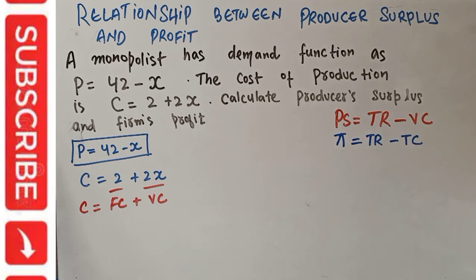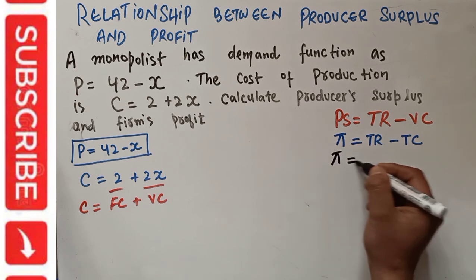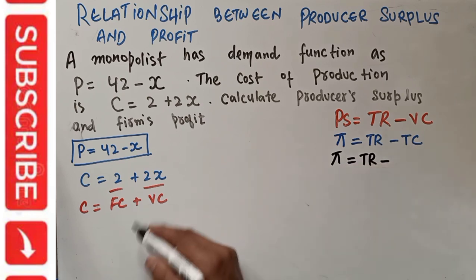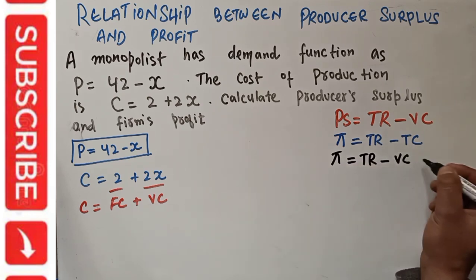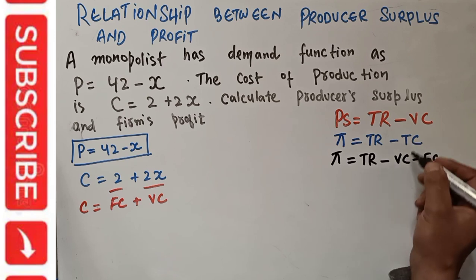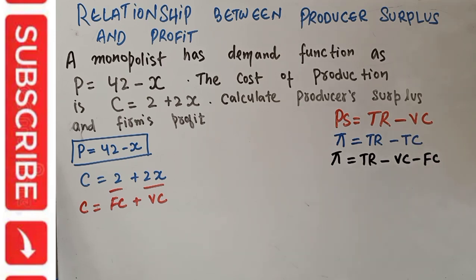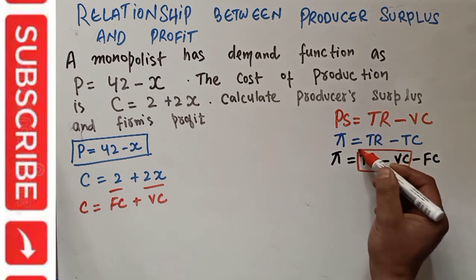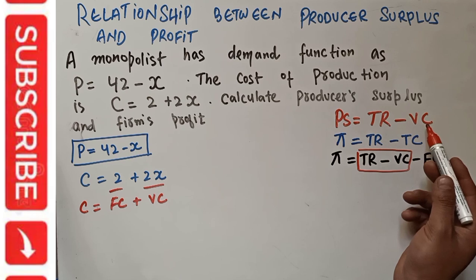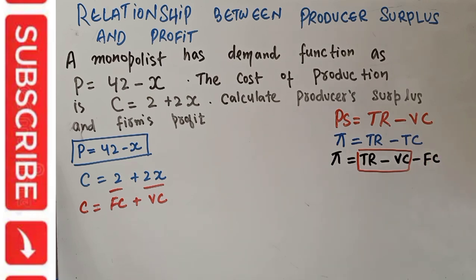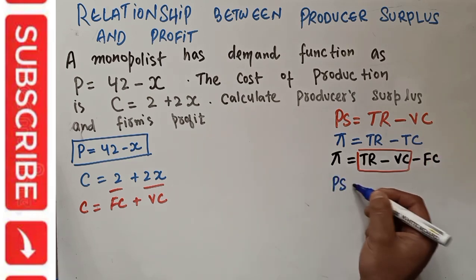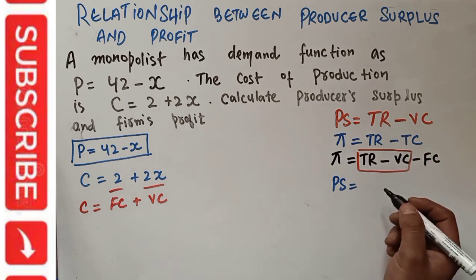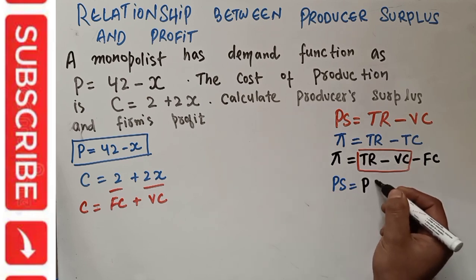Which implies profit will be equal to total revenue minus variable cost minus fixed cost, since total cost is the combination of variable cost and fixed cost. In place of TC I have VC and FC.